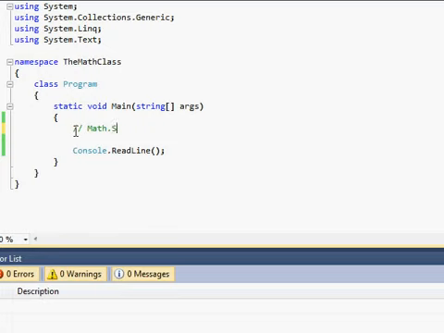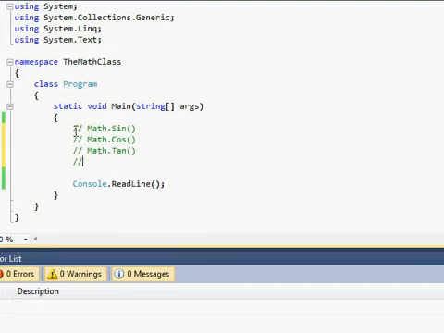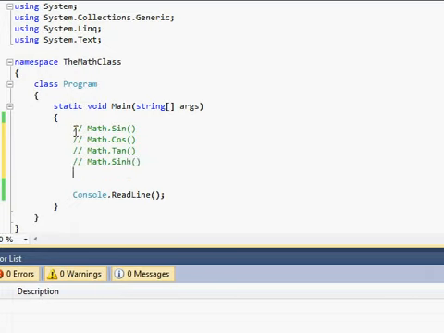Now we have some trigonometry methods that I just kind of want to type out here because I don't really need to show you. If you know about trigonometry, then you'll be fine. Math.Cos, Math.Tan, and I don't actually know what Sinh means or Cosh.